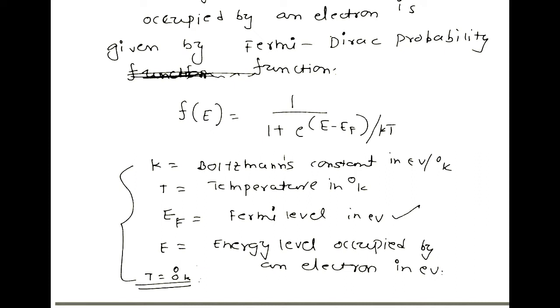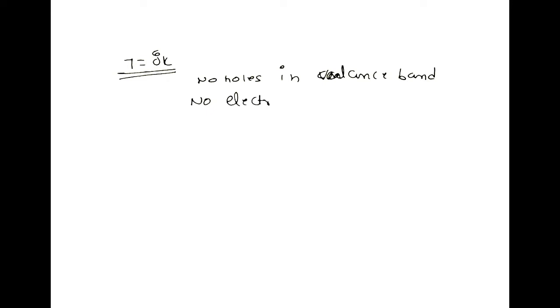If there is no electron in the conduction band, there is no hole in the valence band. So at T is equal to 0 degree Kelvin, no holes in the valence band, no electrons in the conduction band.